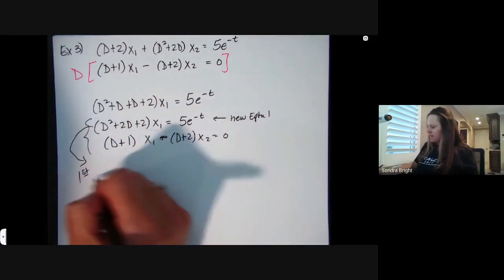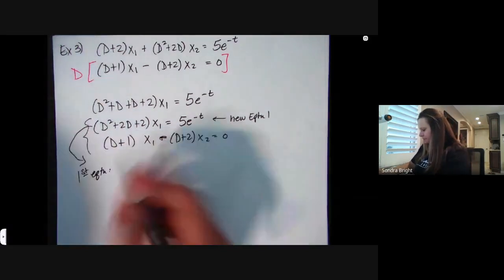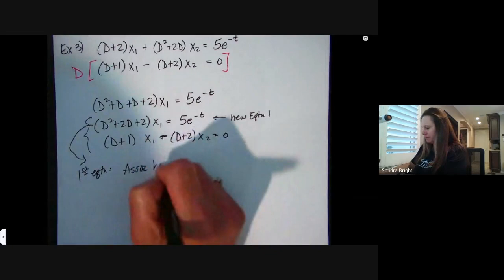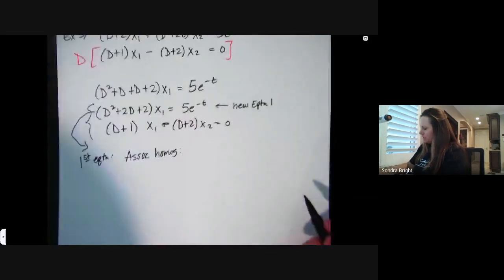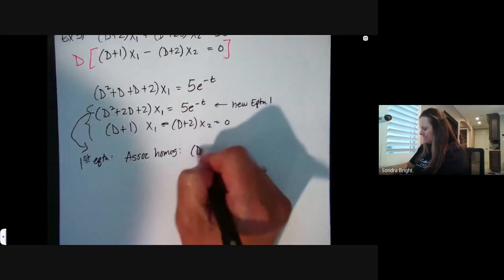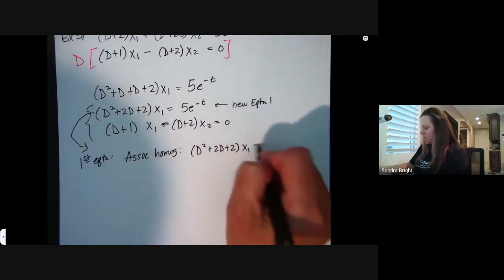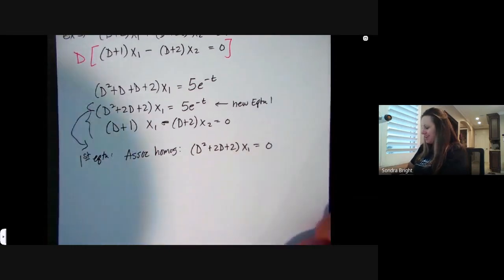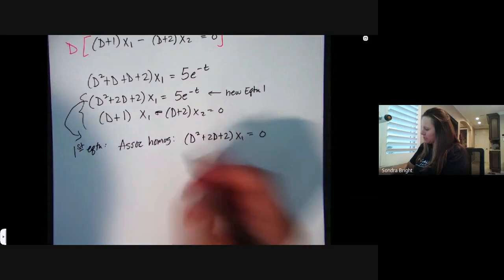To solve this guy, we're going to go for the associated homogeneous first, which is d squared plus 2d plus 2 operating on x1 equals 0. So that does not factor. Two numbers that multiply to 2 and add to 2. So I'm going to change it to an r.